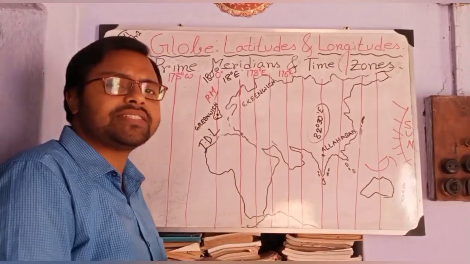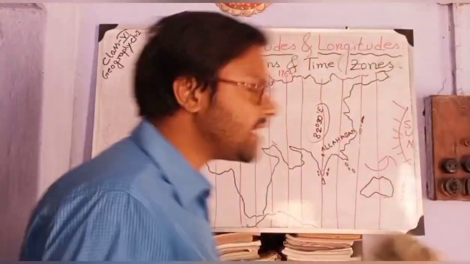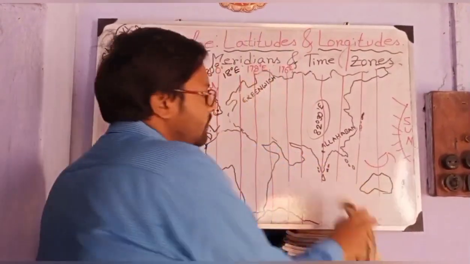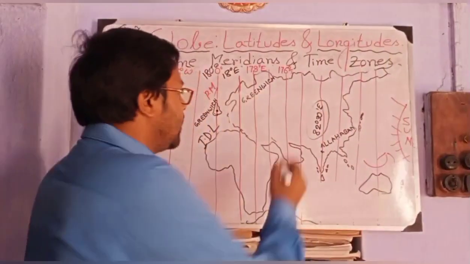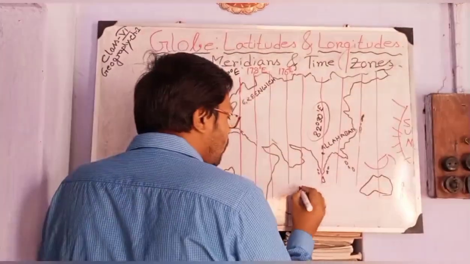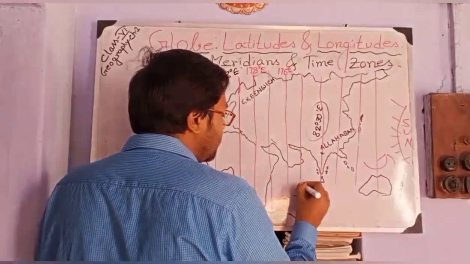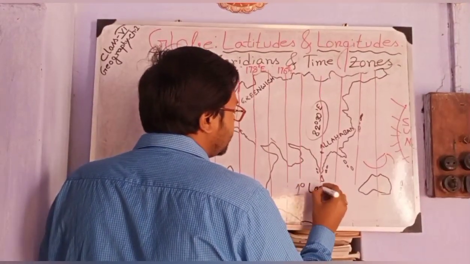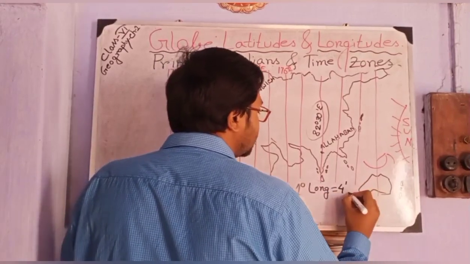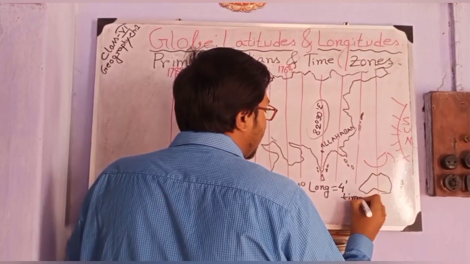There is an easy calculation. What will be the time difference between 82 degree 30 minute and 0 degree? We know that 1 degree of longitude equals 4 minutes of time difference.